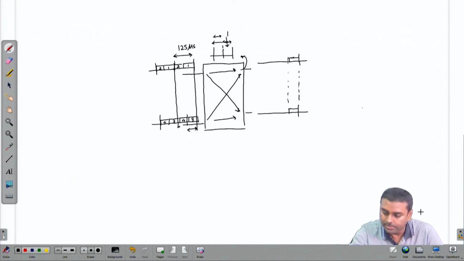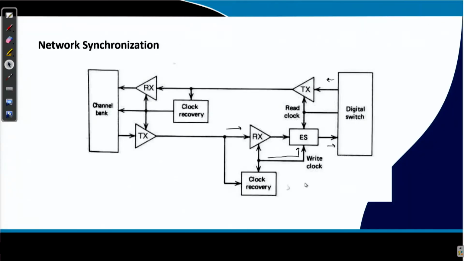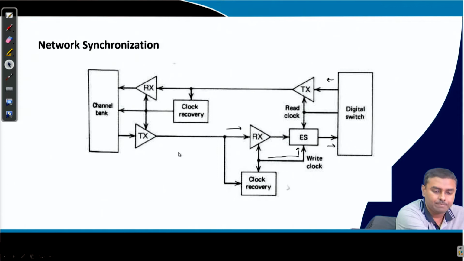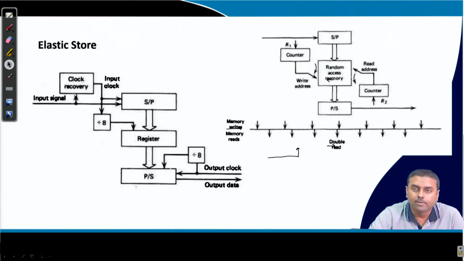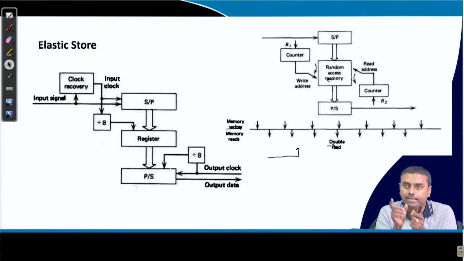Let us now see what the elastic store does. First we take the input signal and do the clock recovery, that is all fine. Then the clock is subdivided by 8, which means we are trying to identify the byte boundary, exactly that 8-bit boundary.